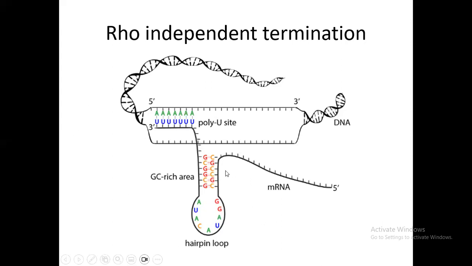Now, formation of this hairpin loop-like structure creates a kink or a disturbance in the RNA-DNA hybrid. However, the transcript cannot release directly unless there is a sequence of adenine residues present immediately adjacent to the hairpin loop-like structure.